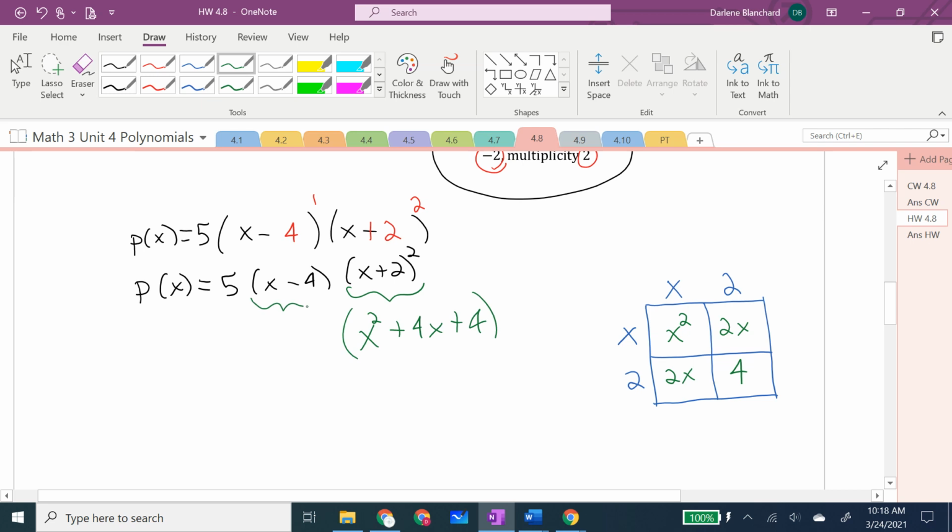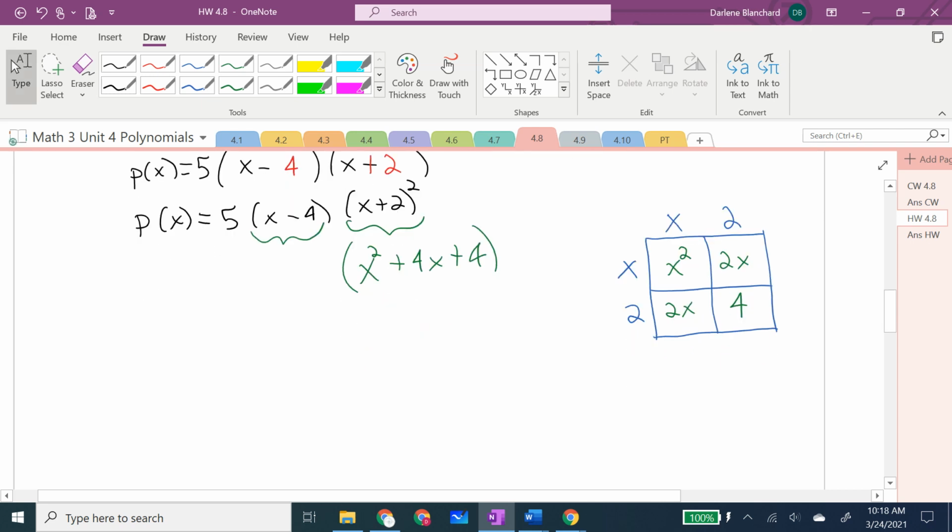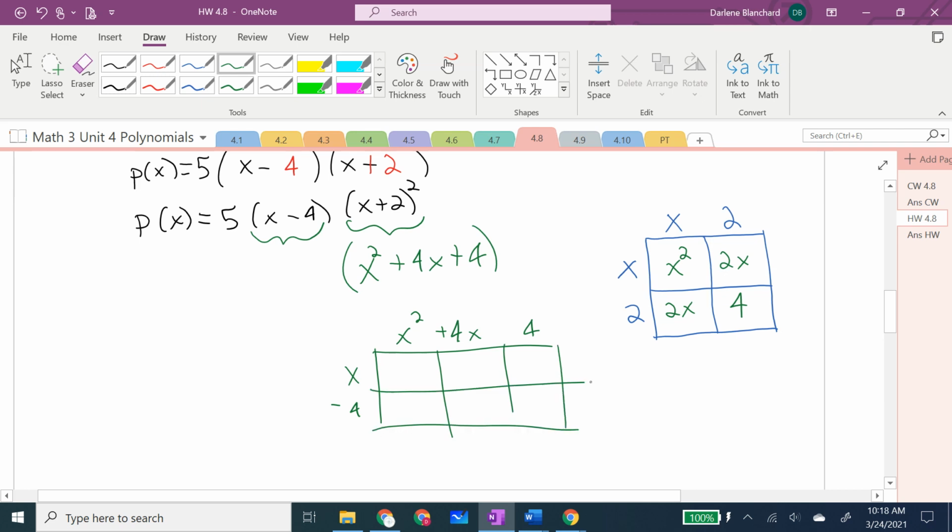I'm going to next multiply the x minus 4 with it. I didn't need to write the plus, but whatever. And then I have x cubed, 4x squared, negative 4x. Oh, yeah. I love it when they cancel each other out. Don't you?